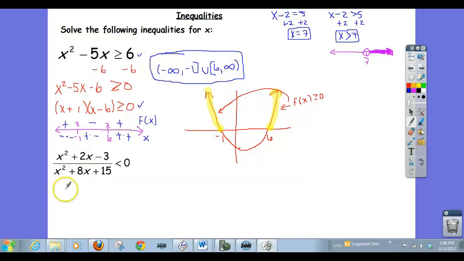So I'm going to first factor the top. That's x plus 3, x minus 1. In the bottom, I'm going to factor x plus 3 and x plus 5.